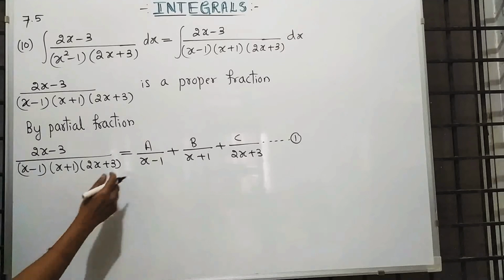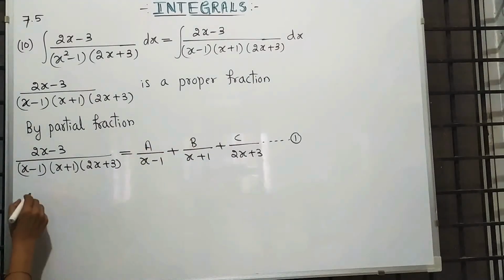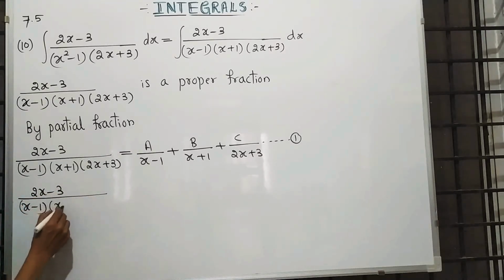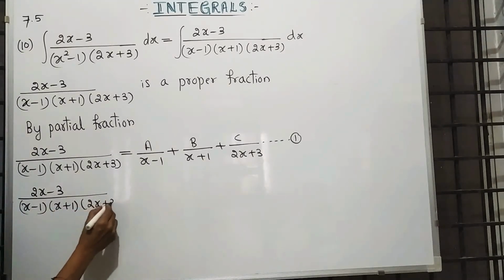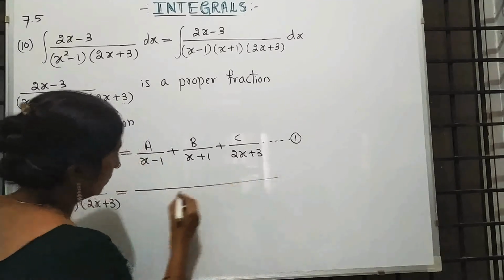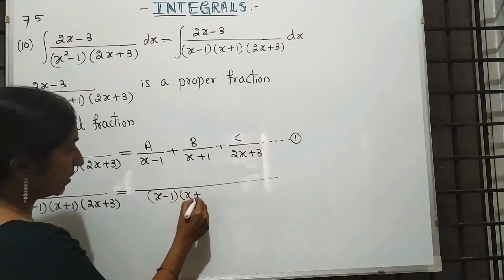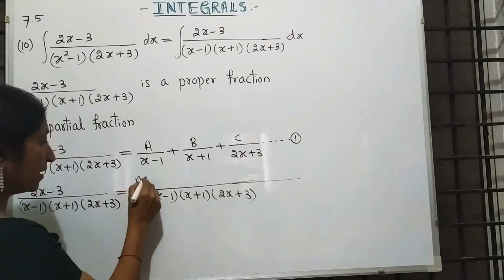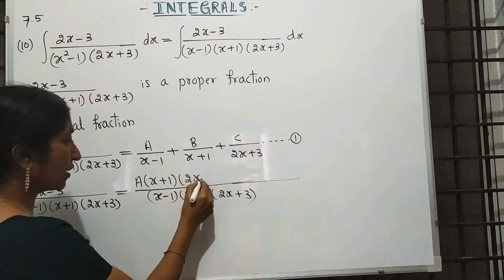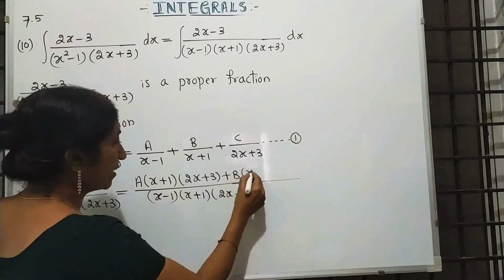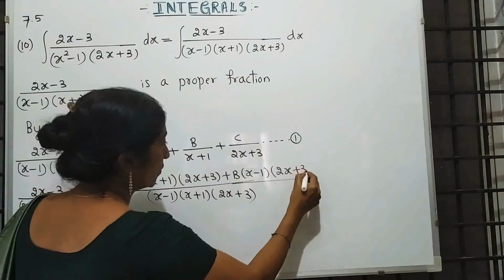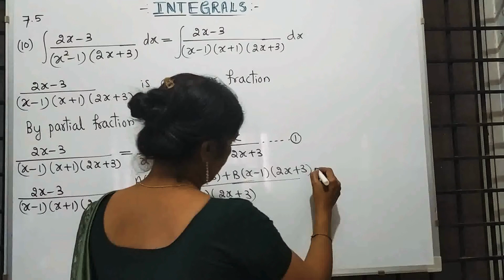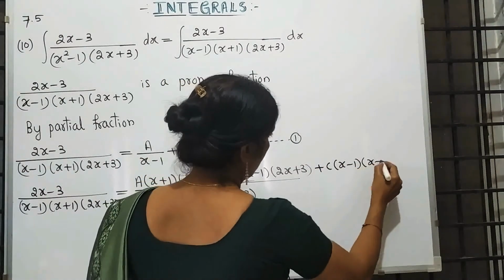Taking the LCM is very simple. Whichever term is present, leave that term and write down the remaining two different terms. (2x minus 3) upon (x minus 1)(x plus 1)(2x plus 3) is equal to (x minus 1)(x plus 1)(2x plus 3): a is multiplied with (x plus 1)(2x plus 3), b is multiplied with (x minus 1)(2x plus 3), c is multiplied with (x minus 1)(x plus 1).